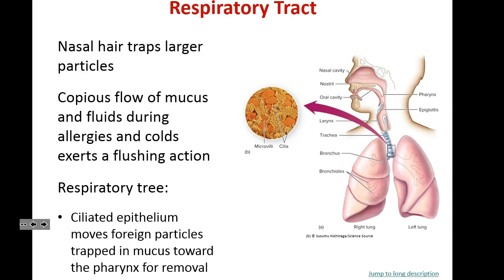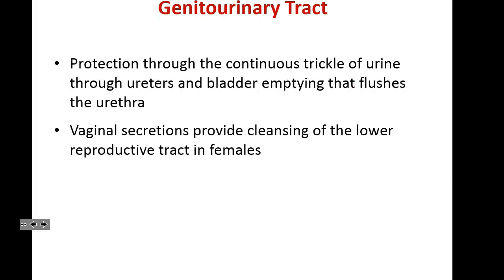Copious flow of mucus and fluids during allergies and colds exerts a flushing action. In the respiratory tree, ciliated epithelium moves foreign particles trapped in mucus toward the pharynx for removal. In the genitourinary tract, we have protection through the continuous trickle of urine through the ureters and bladder emptying that flushes the urethra.